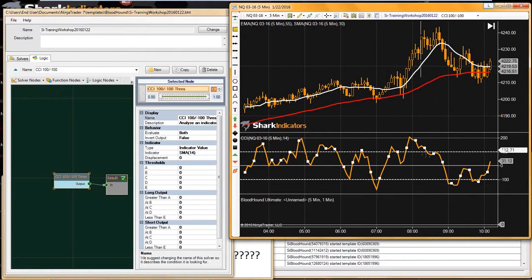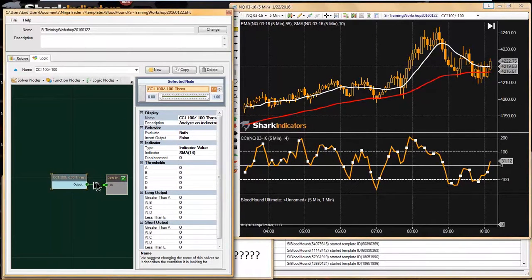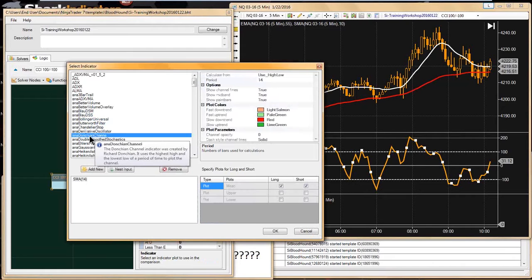James wants a buy signal when the CCI crosses below the negative 100 threshold level. So that negative 100 is a threshold level for the buy signal. That's basically what the threshold is used for. First step, let's load up our CCI into that solver.